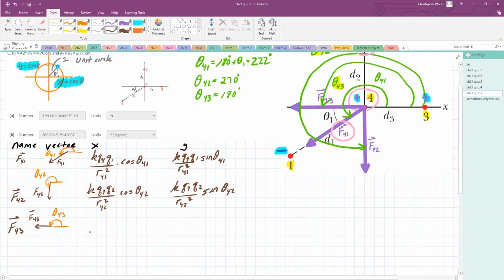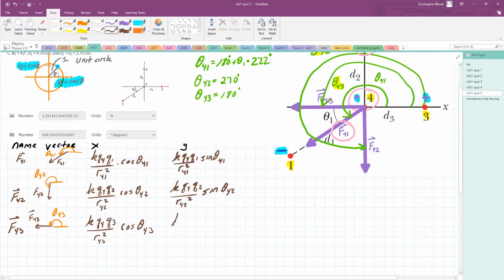So there, this is theta 43. Follow the subscripts: k q4 q3 all over r43 squared times cosine of theta 43, capturing the x component.